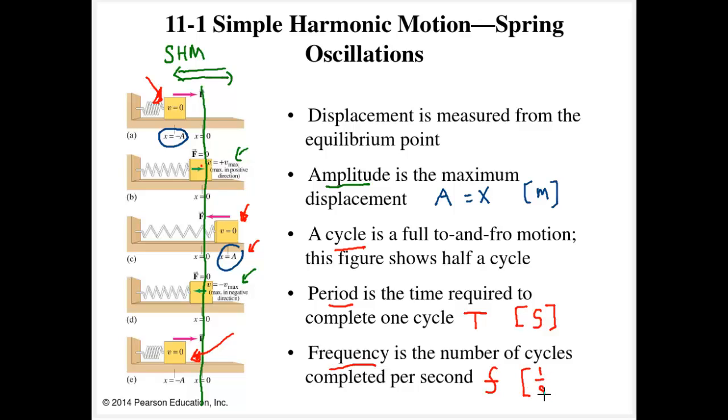So 1 per second. The cycle is often not written. This has another definition. It's going to be how many hertz an object is, where hertz is 1 per second. And you'll see that very typically that a spring will oscillate back and forth with, say, 20 hertz. We can relate the period and the frequency fairly simply. The period is going to be 1 divided by the frequency.